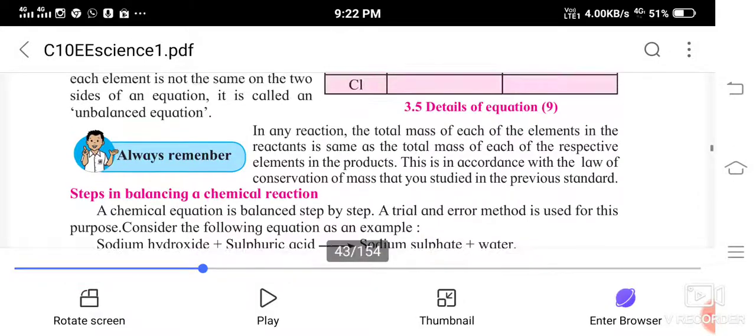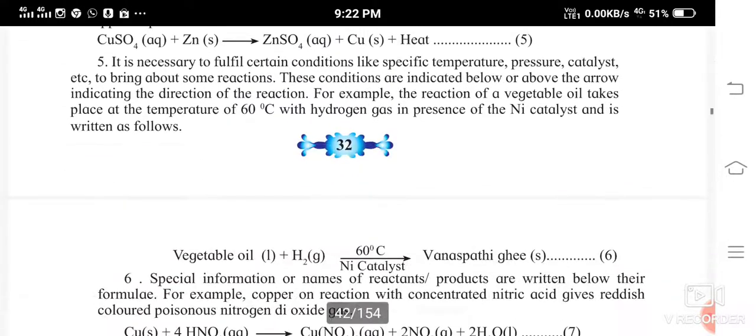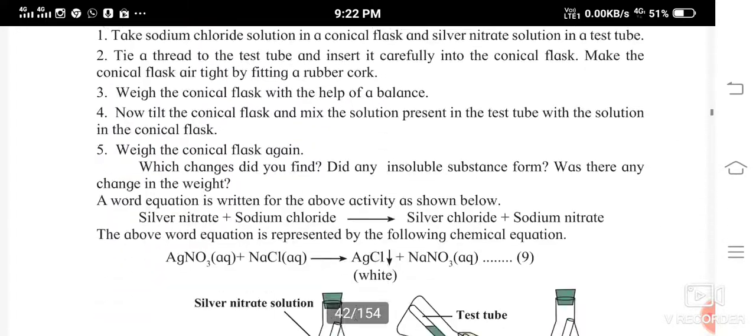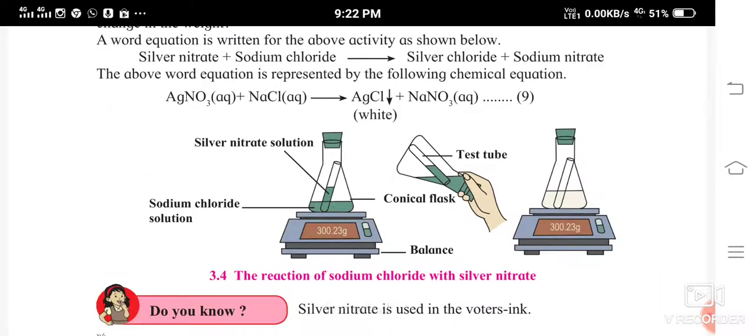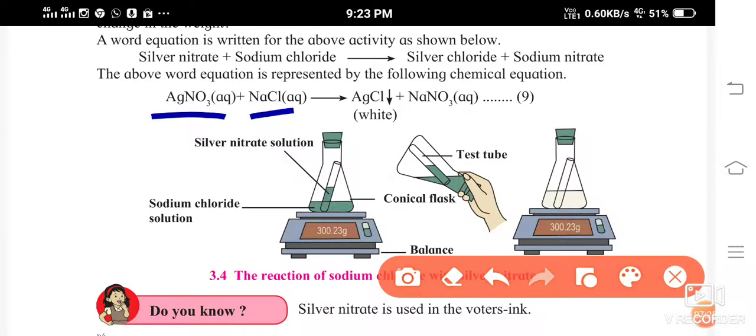See, it's over here. I think I've shown you the activity also. Silver nitrate and sodium chloride form silver chloride and sodium nitrate, right?